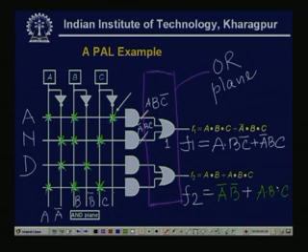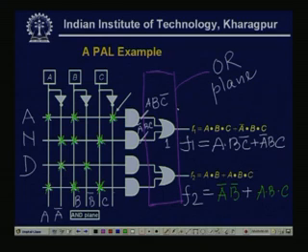Now, this is a fixed OR plane, so the two output functions always come from this fixed structure, which has two input OR gates. If I want a 3 input OR gate, it is not possible from this structure.